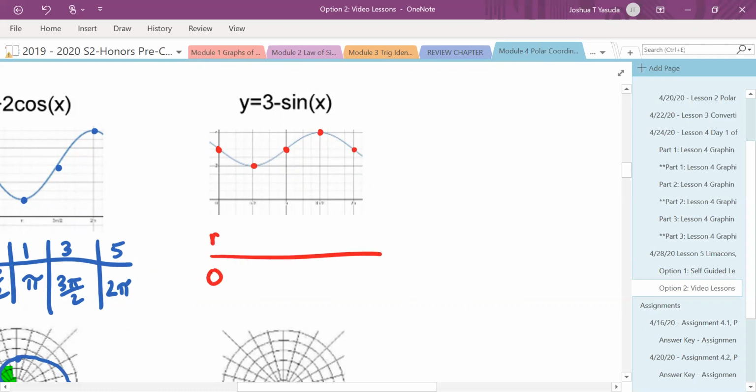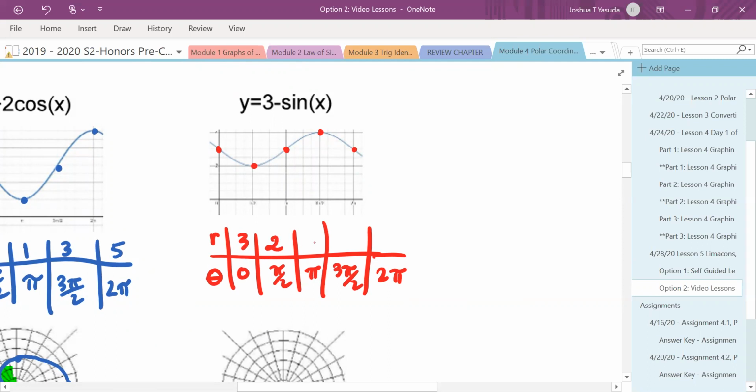R and then theta. So we had 0, pi over 2, pi, 3 pi over 2, and 2 pi. Okay, so then the radius is 3. Starts at 3, then it goes down to 2, and then back up to 3, and then up to 4, and then back down to 3.